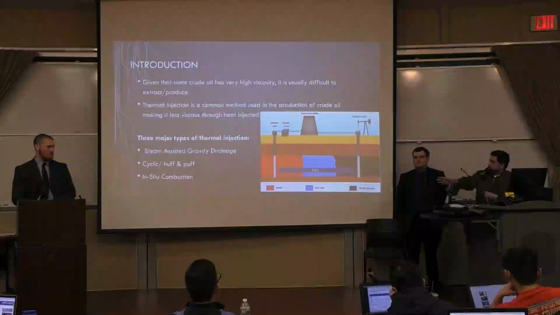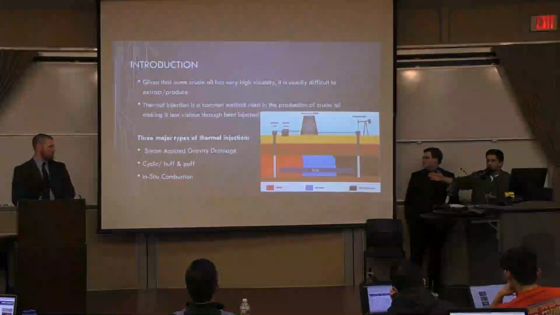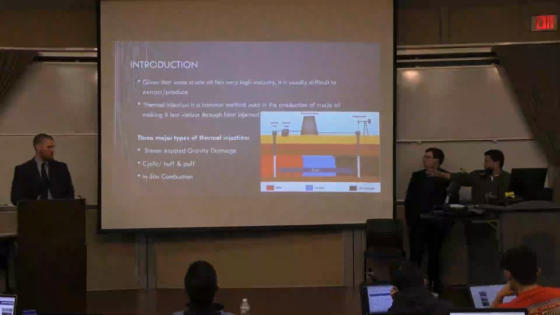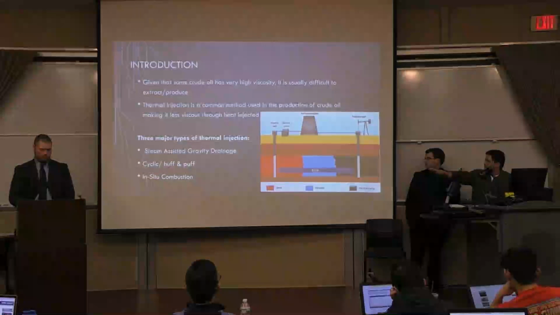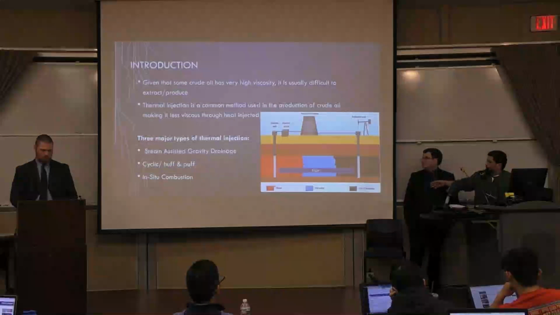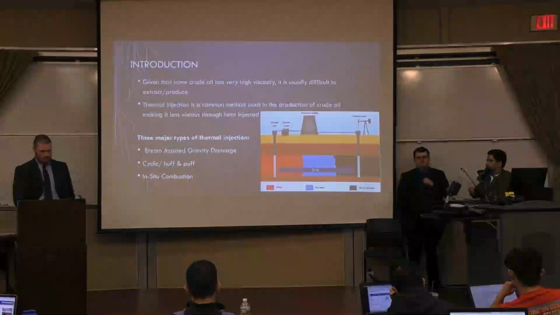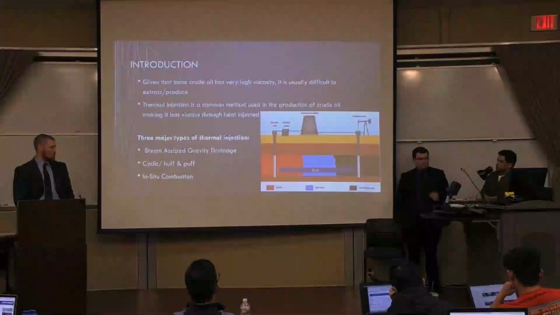So as you can see here, we inject the heat from the injection well, which gives us better flow and basically increases the temperature of our oil, and we can produce it much easier.